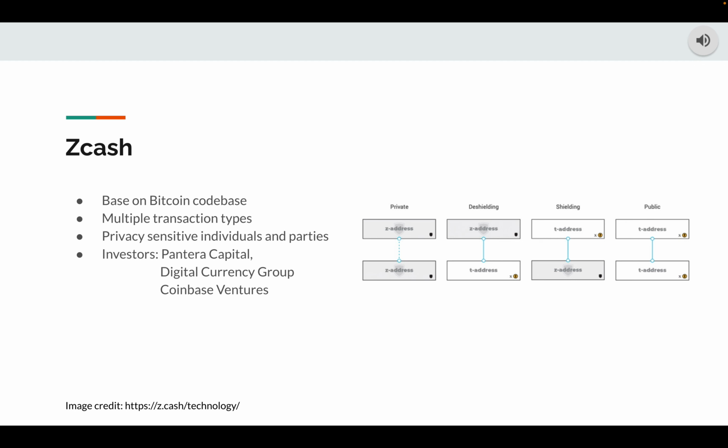Individuals and parties who are looking for a secure and private way to transfer cryptocurrencies are its potential users. Pantera Capital, Digital Currency Group, and Coinbase Ventures invested in Zcash as they saw its value in protecting users' privacy.